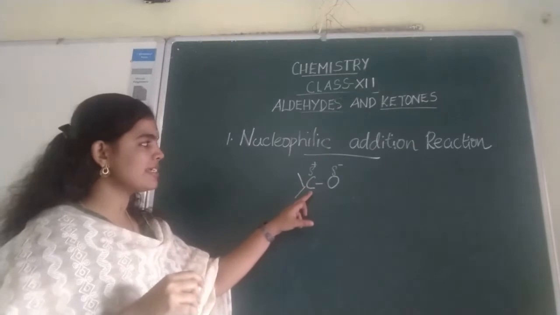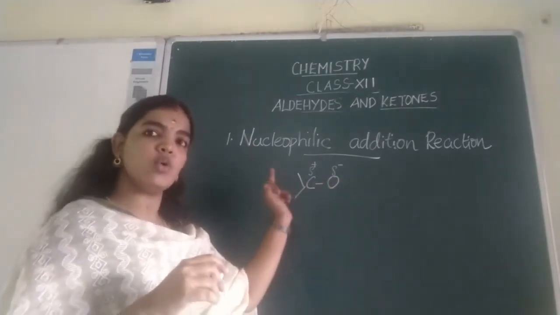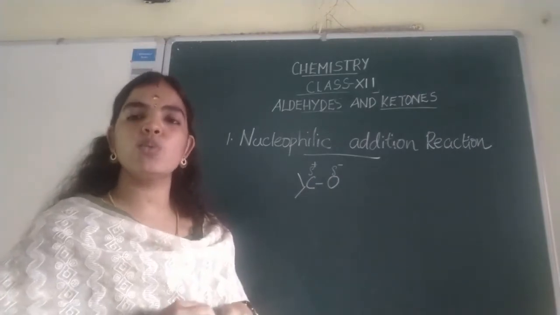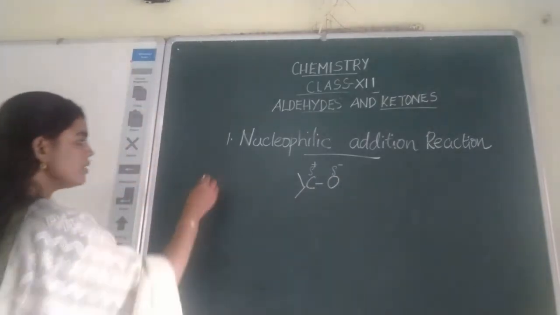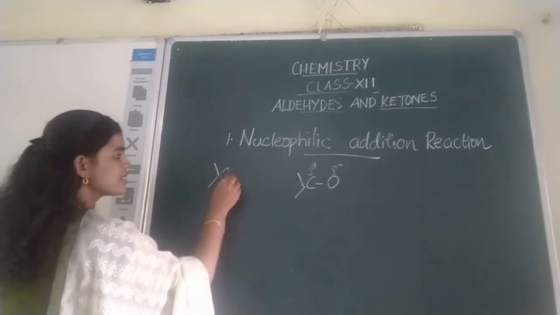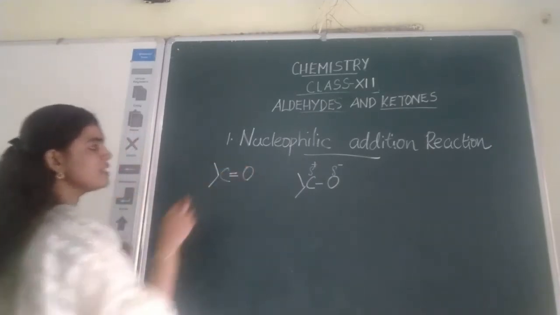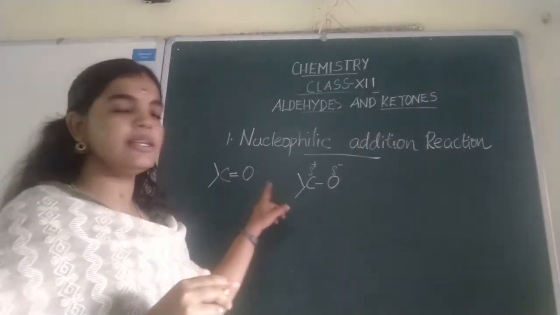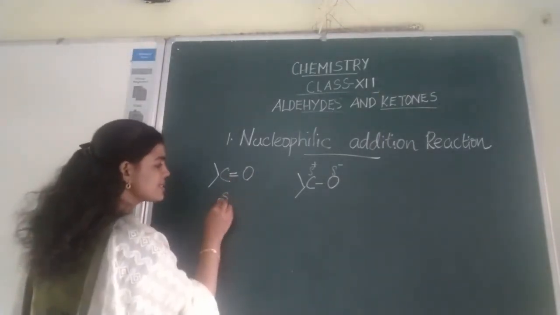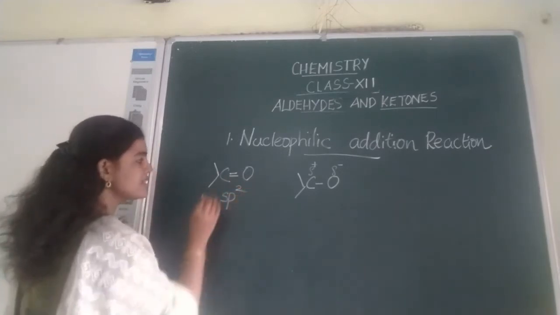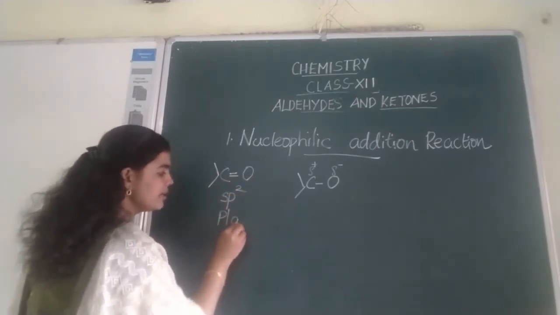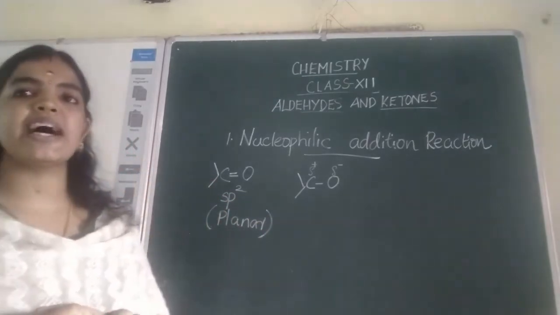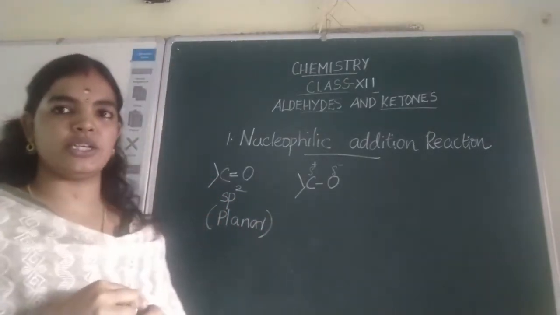And we know that in this carbonyl group, what is the hybridization of this carbon? Since there is a double bond present, the hybridization of this carbon is sp2. As a result, this carbonyl group has a planar structure.